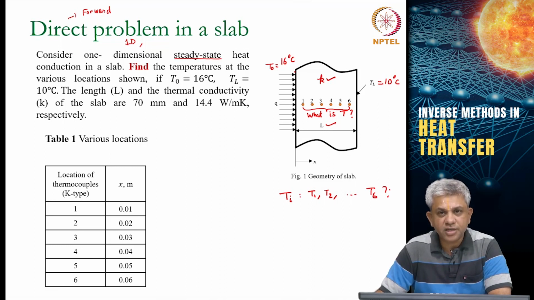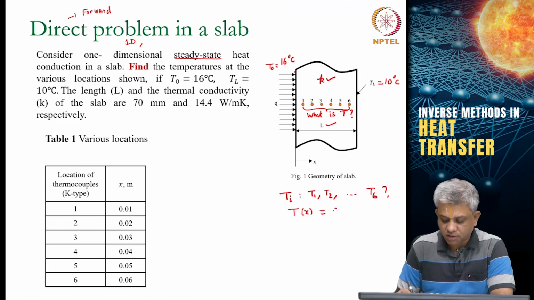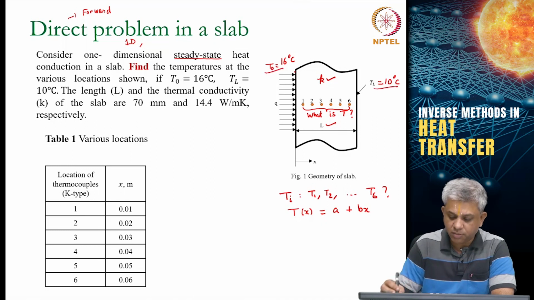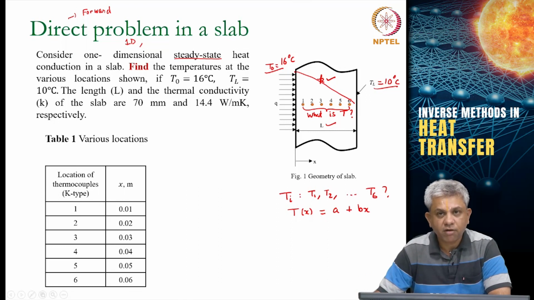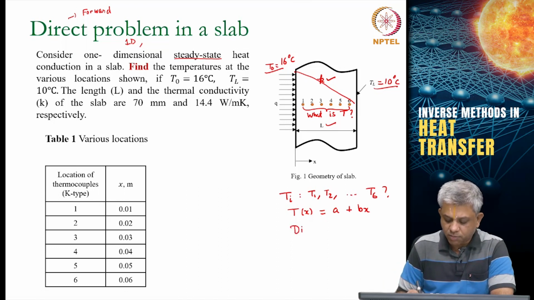You would have already seen this during your heat transfer class. You already know that you can say that the temperature is linear, and given these two temperatures, it is going to be a line going from 16 to 10, and you can easily solve for A and B here. So, this is a straightforward direct problem.